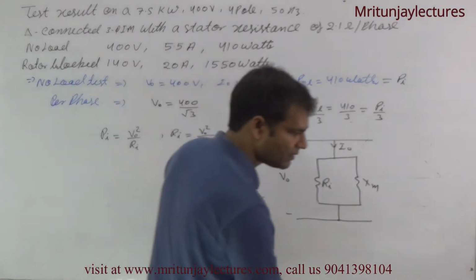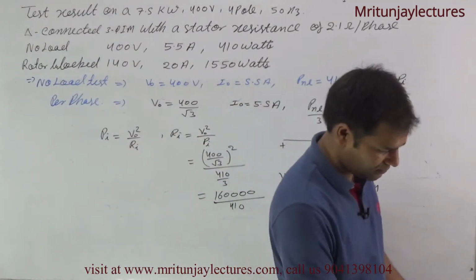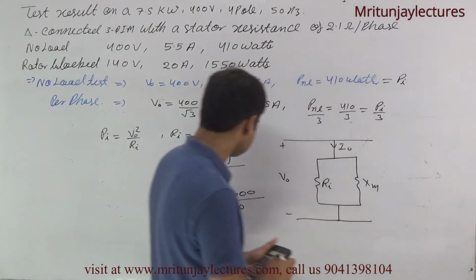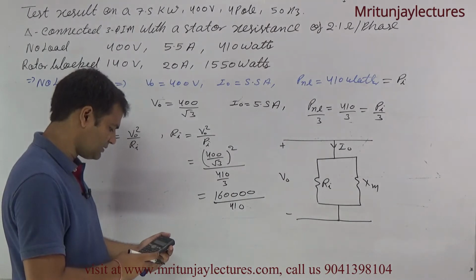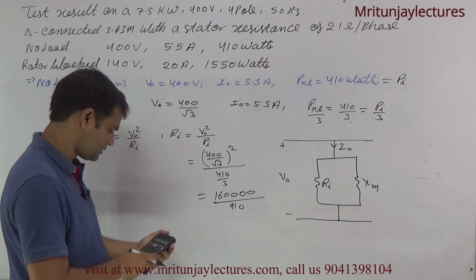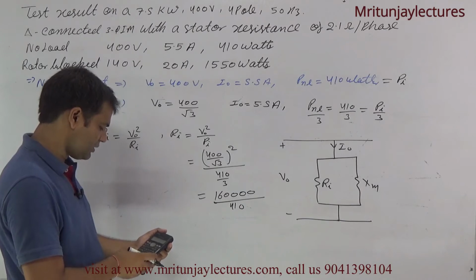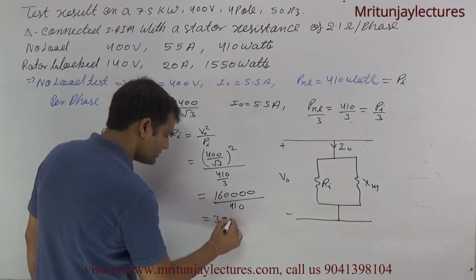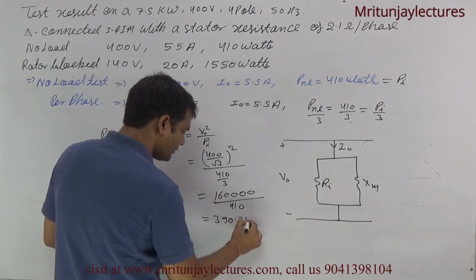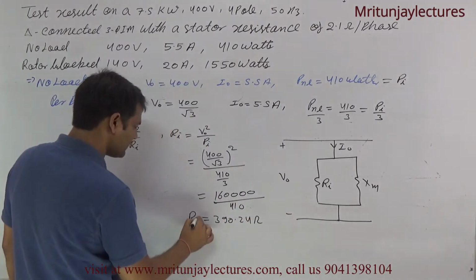So with the help of the calculator, 160000 divided by 410 is 390.24 ohm, that is Ri.